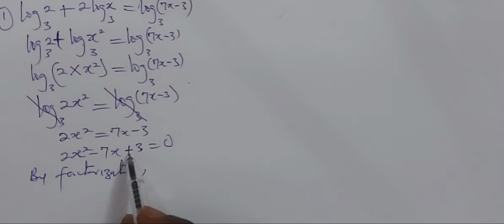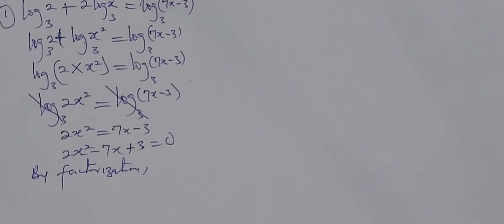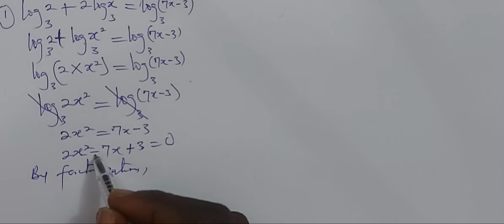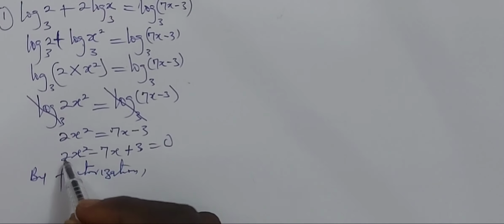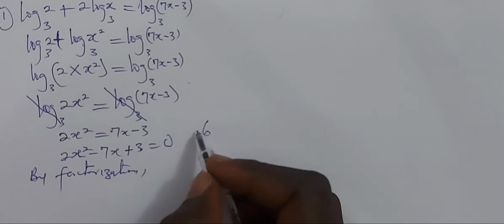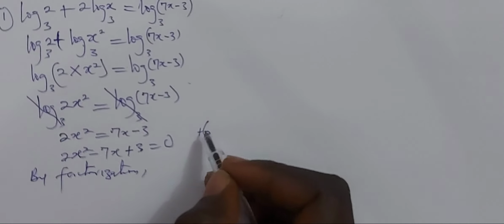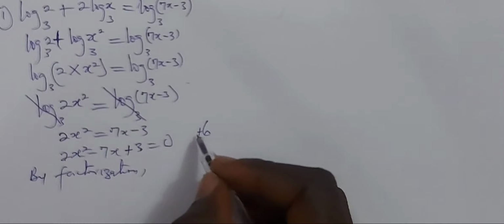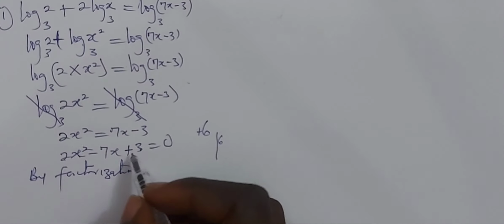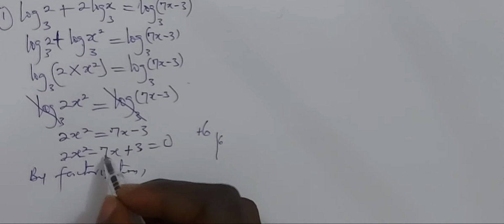Whatever you get, you find the factors of that number that when you multiply give the result of the multiplication, and when you add them, you have the middle coefficient. So now, let's multiply 2 by this, we have 6. That is plus 6. So we'll look for the 2 factors of 6 that when we multiply, we have plus 6, and when we add them, we have minus 7.